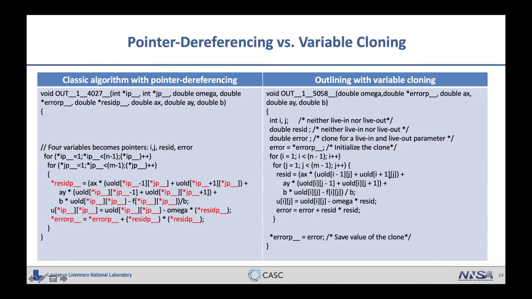If you are familiar with stencil computation, you can easily identify this loop body, which looks exactly like the familiar stencil computation, with all those nice array variables. We don't see any pointer dereferencing because we use liveness analysis and variable cloning to reduce it. Those kinds of program analysis really improve the quality of outlining.